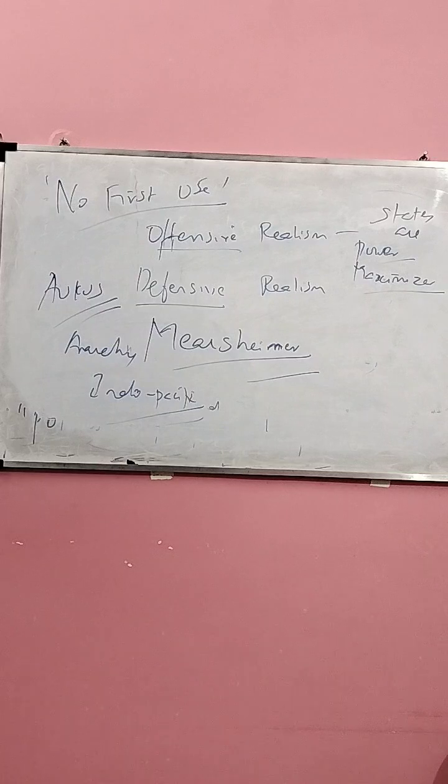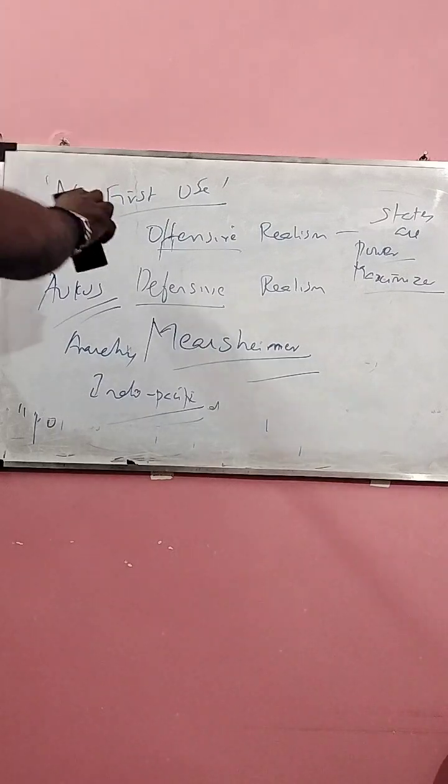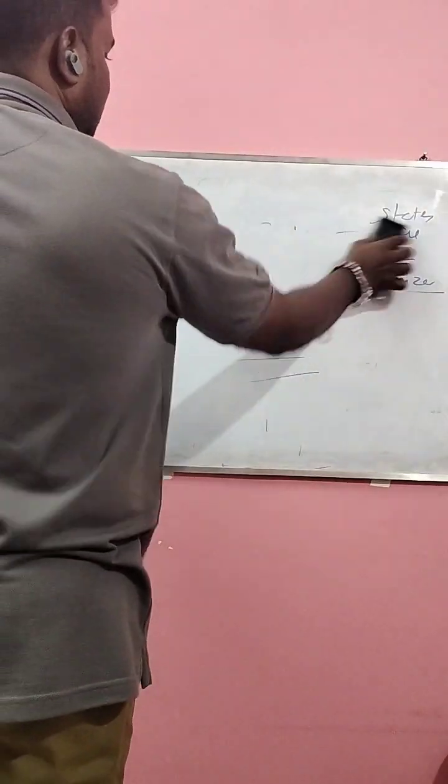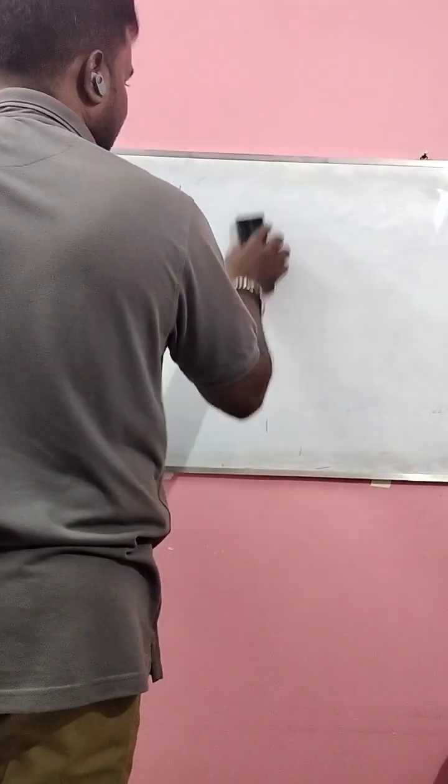If you look at India's foreign policy, it is a mix of idealism as well as realism. Many students of political science simply gauge India's foreign policy as idealistic. Many even consider India's foreign policy as a failure. This is not correct. This is not the correct analysis of our foreign policy.